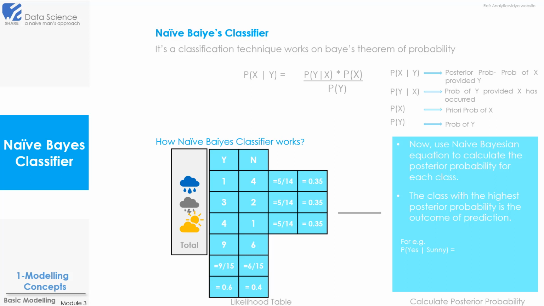So our equation would be probability of sunny weather provided the play has happened multiplied by prior probability of play happening divided by the probability of weather being sunny. Now we can stipulate these values and can find the posterior probability. So that's in a nutshell how a naive Bayes classifier works.